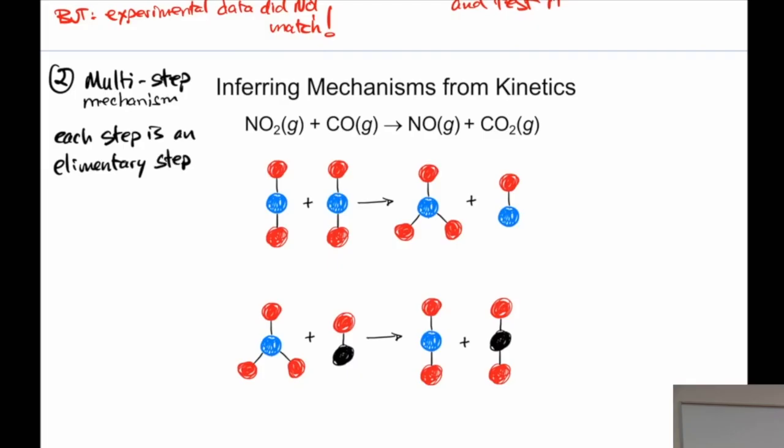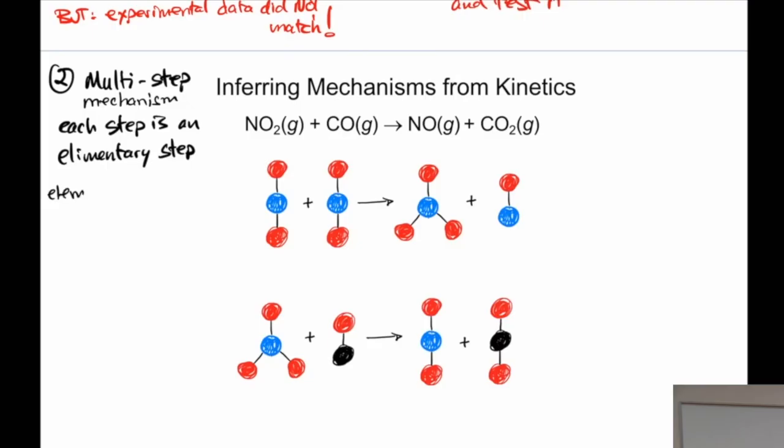Now here I have it diagrammed out for you. Blue is for nitrogen, red is for oxygen, and black is for carbon. You can see elementary step 1 looks like this.